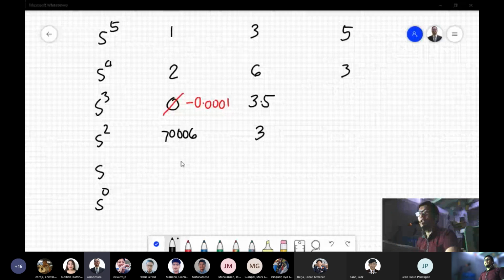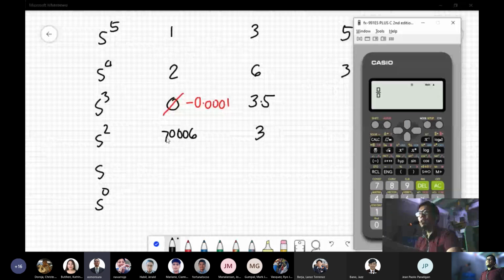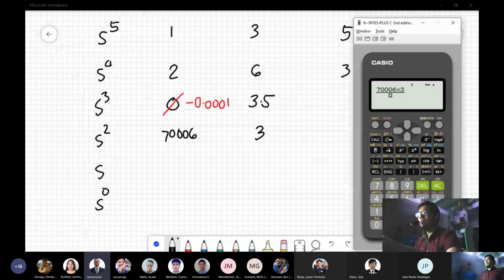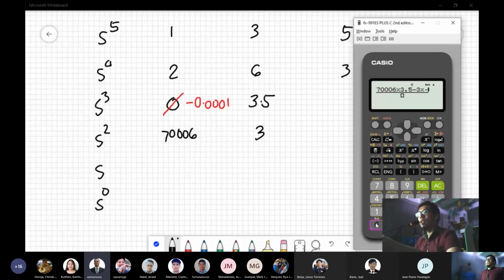This one becomes 6 times 3.5 minus 3 times negative 0.0001 divided by 70,006. That should give us 3.5 also.